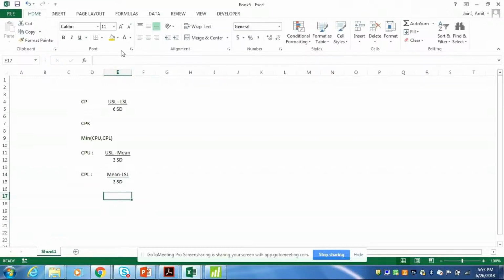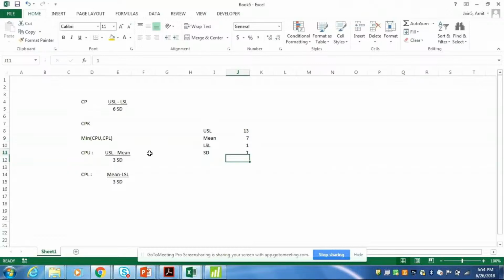Okay. Right. Now between USL and LSL, let's say USL is 13, LSL is, let's say, 1, the mean is 7, and we have a standard deviation which is again equal to 1.